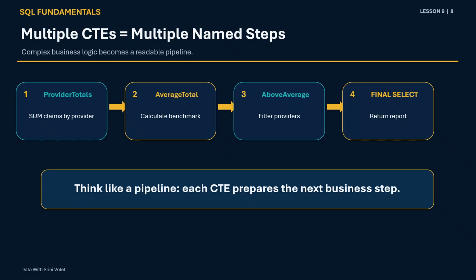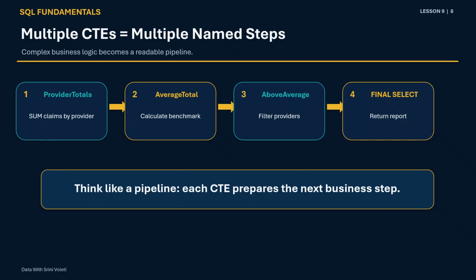This is extremely useful when a business problem naturally has steps or stages. For example, eligible members, then high-risk members, then provider assignments, then final outreach list. Those names can make complicated healthcare analytics far easier to review than one deeply nested block.